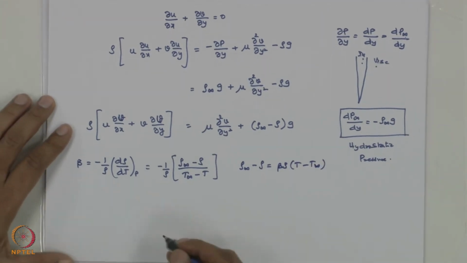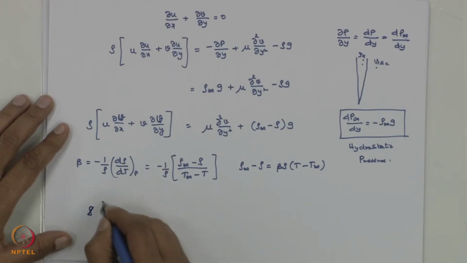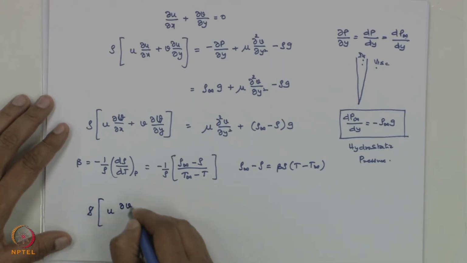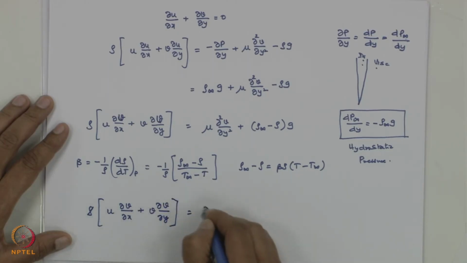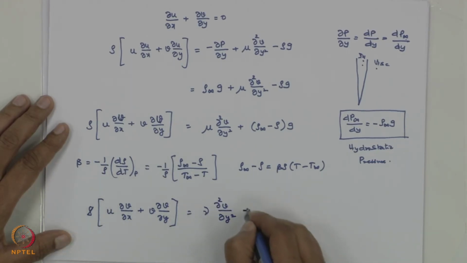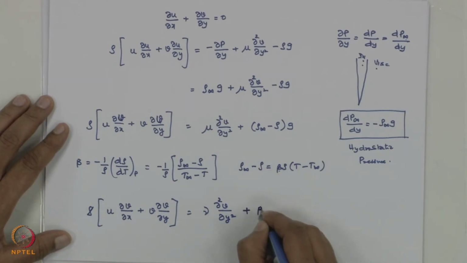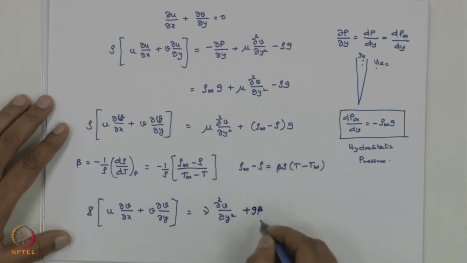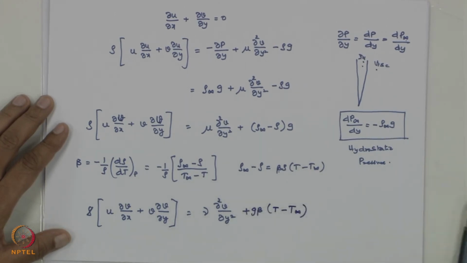So I get my equation as u del v by del x plus v del v by del y equal to nu del squared v by del y squared plus beta g into T minus T infinity. Please notice that I am dividing throughout by rho, and rho gets cancelled out because of how I have defined it.